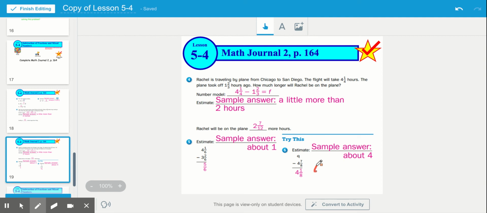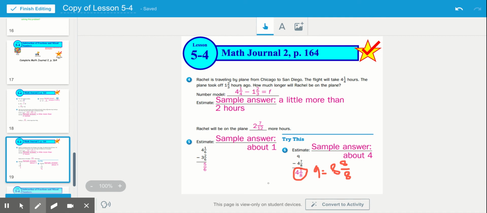I'm going to turn 9 into 8 and 8/8, because I know 8 plus 1 is 9. Then you can take 8/8 minus 7/8, which gives us that 1/8 right here, and then 8 minus 4 equals 4.